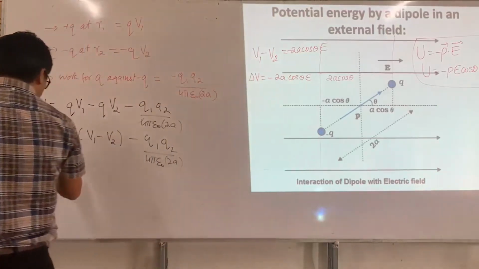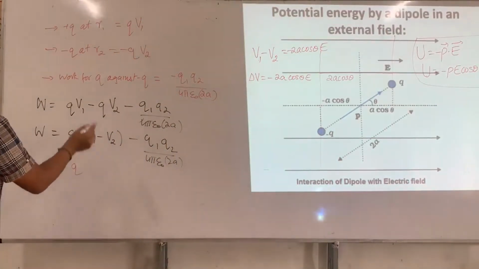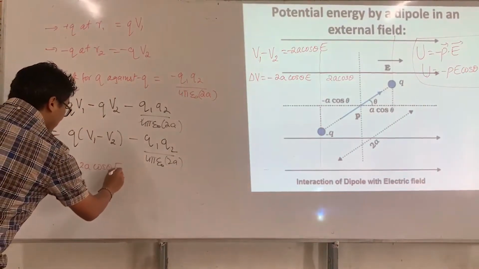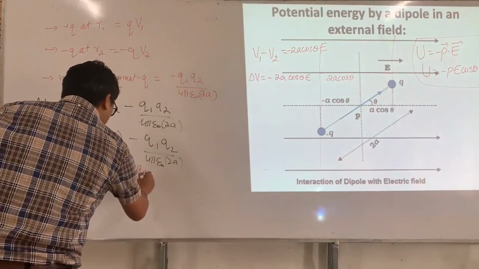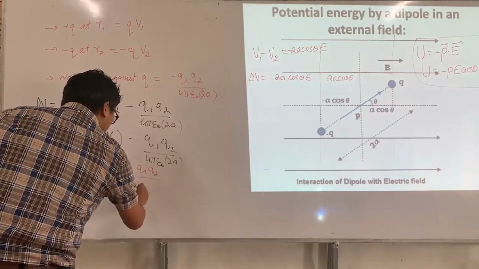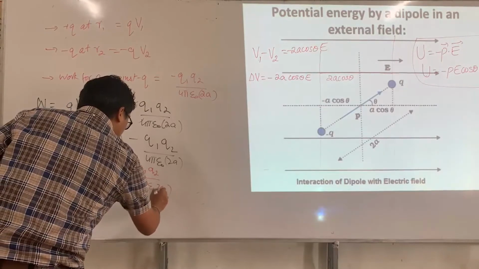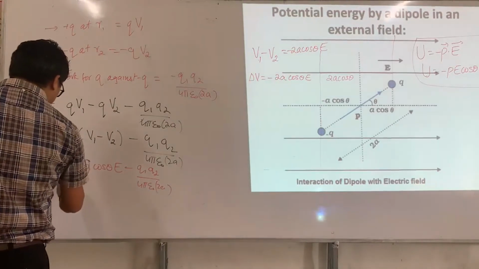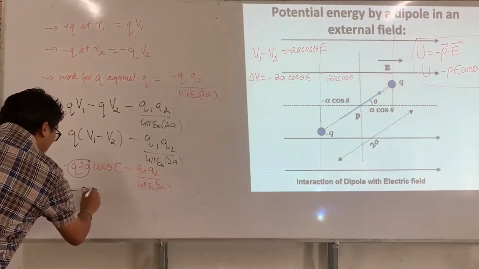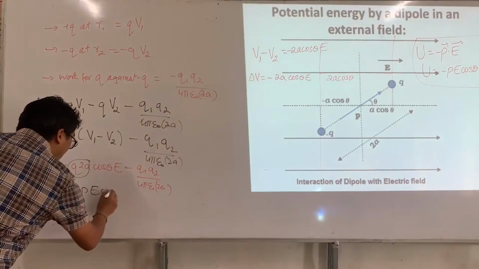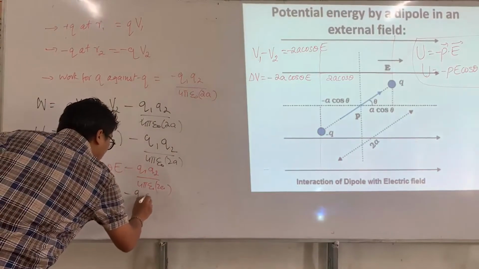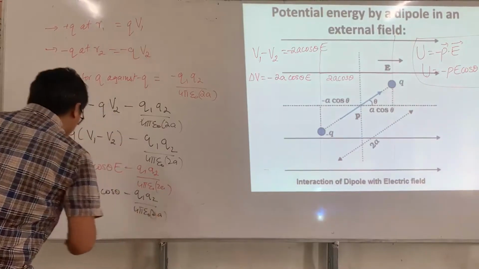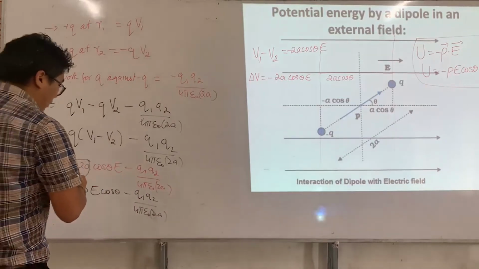So I'll bring here minus, and 2A cos theta E, and then minus Q1 Q2 divided by 4 pi epsilon naught 2A. What is 2AQ? 2AQ is the P. So this is equal to minus PE cos theta, minus Q1 Q2 divided by 4 pi epsilon naught 2A, and this is going to be very small.